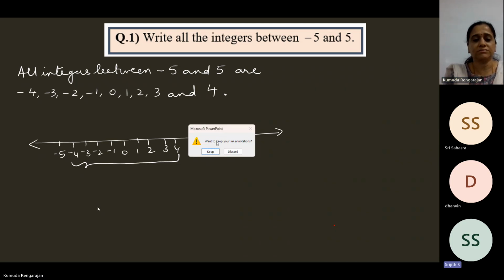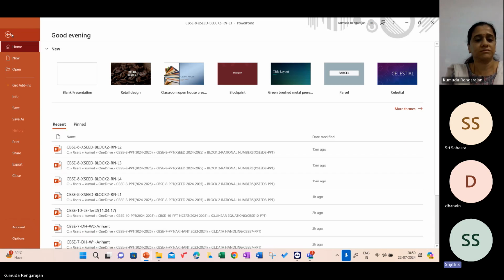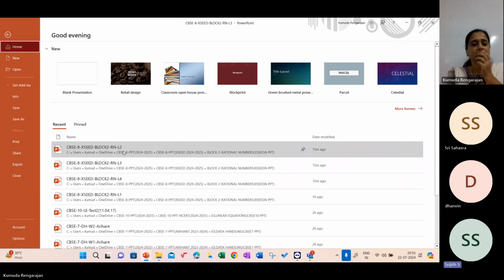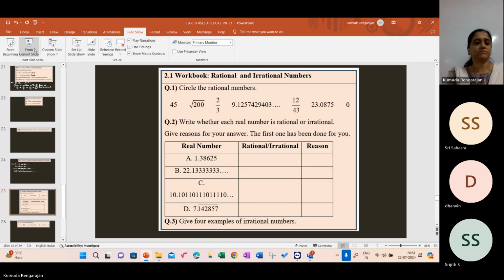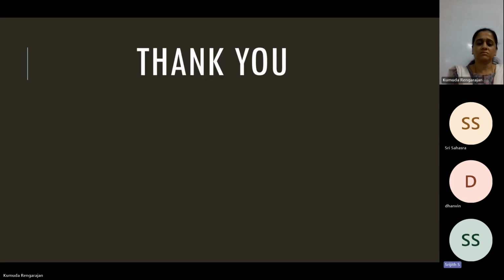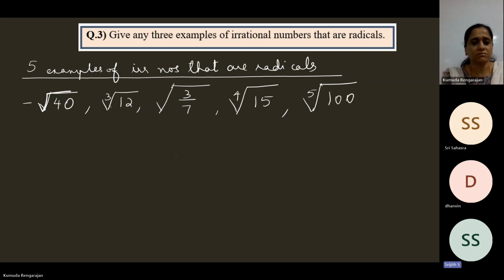It's in block 2 lesson 1, in class practice questions.